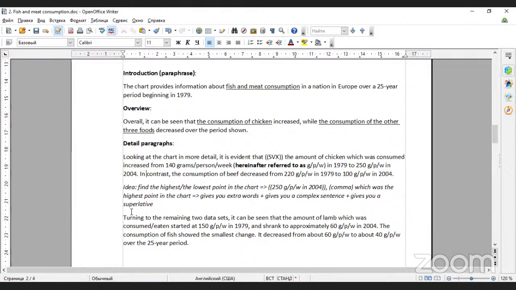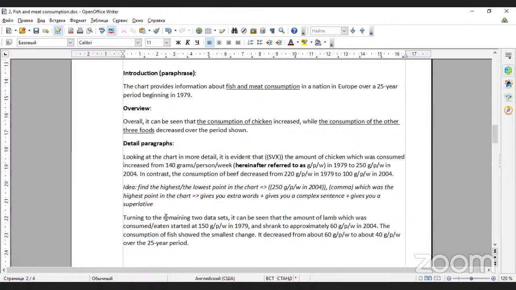For example, in this case, it's 250 grams per person per week in 2004. And then you put a comma and write which was the highest point covered by the graph or in the chart. This gives you extra words, which is not so significant nowadays. It also gives you a complex sentence, a relative clause with which, and it gives you a superlative, which is one of the ways to make comparisons. And it is relevant because this is the highest point, the apex, the peak.